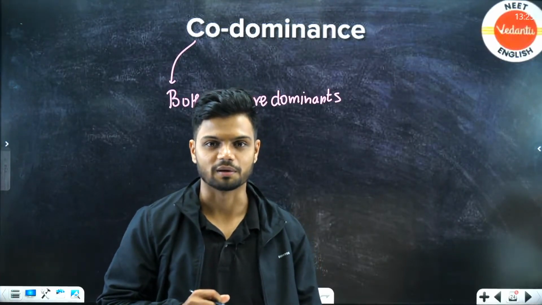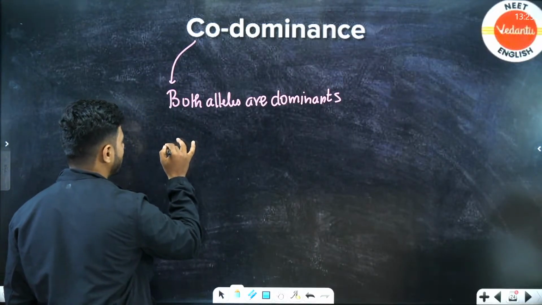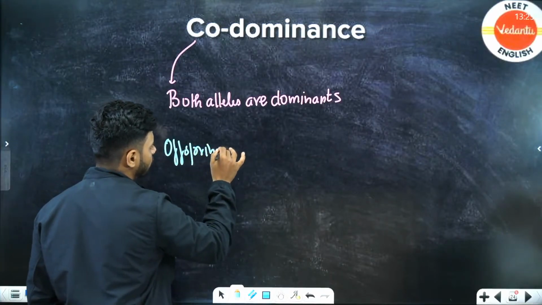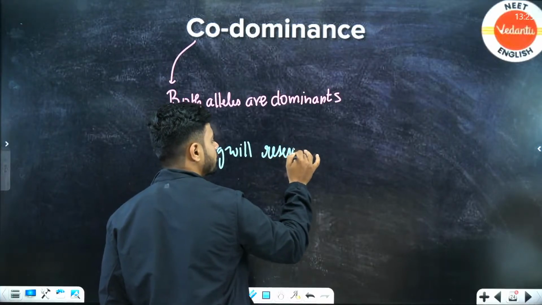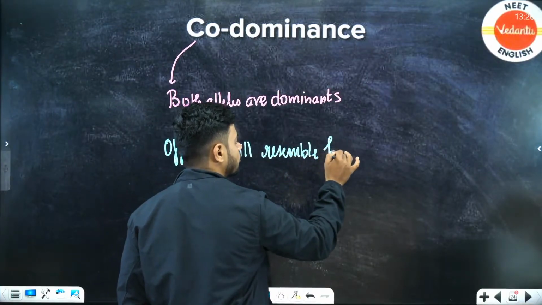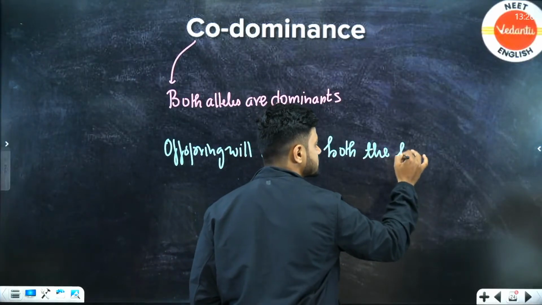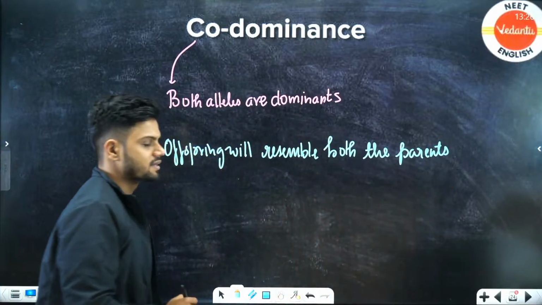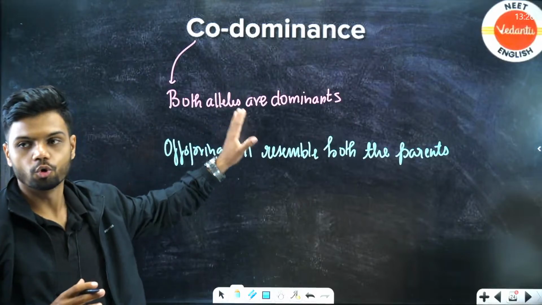How will it look? The offspring will not resemble either one; it will resemble both the parents. That is going to be your codominance.